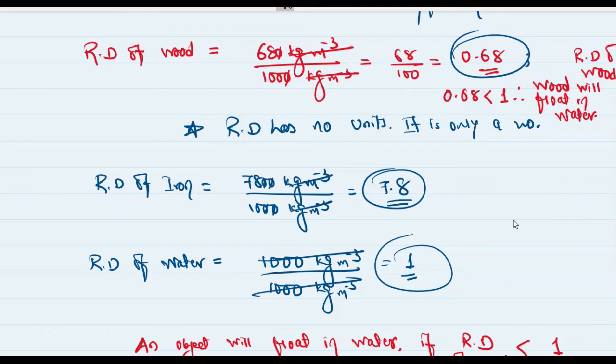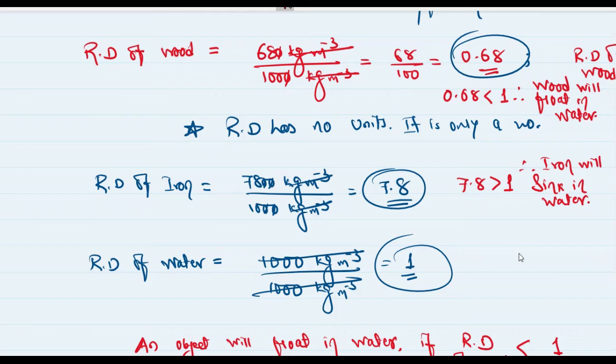And with the idea of relative density. Acha, here relative density of iron is greater than 1, and therefore we know that iron will sink in water. So wood will float in water and iron will sink in water.